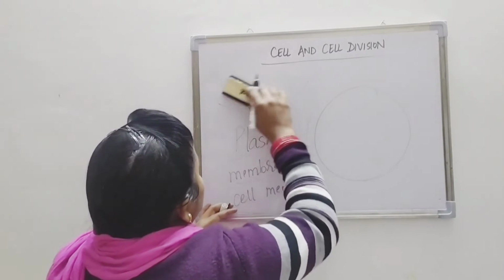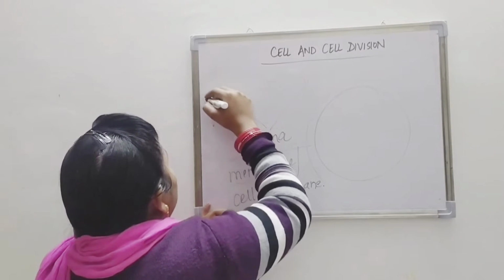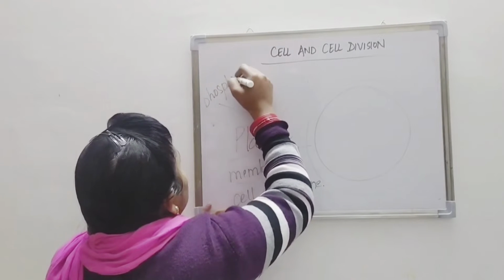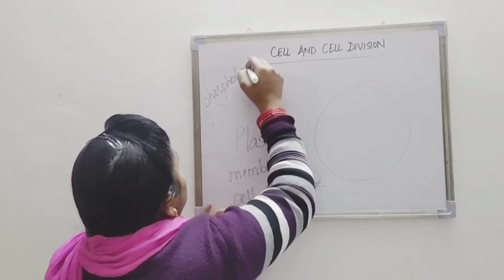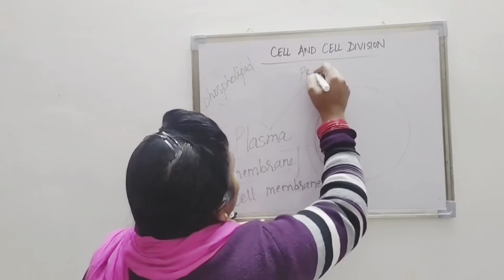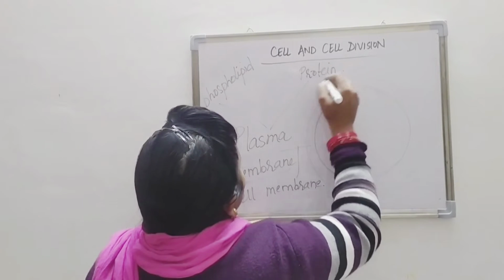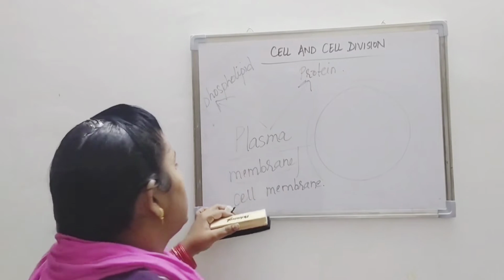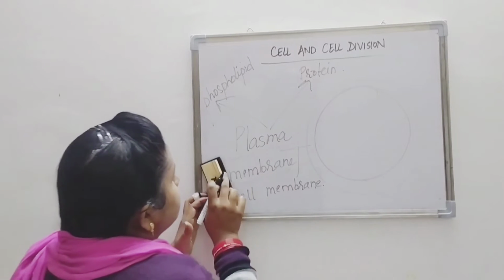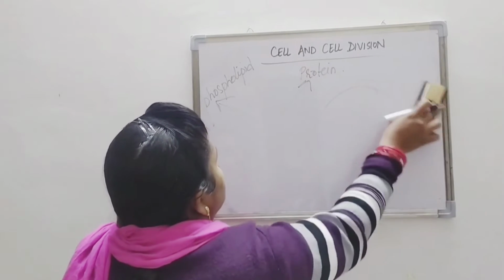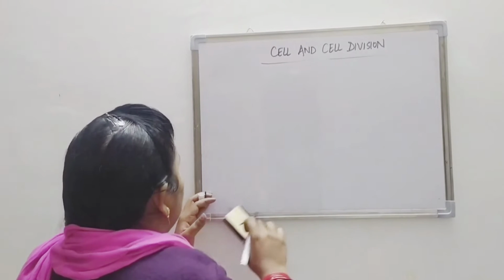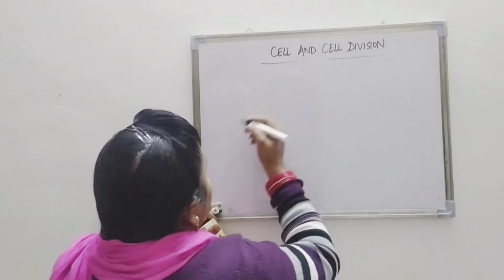First is phospholipid and another is protein. From these two things the plasma membrane is made up. So now we are going to discuss these two things.